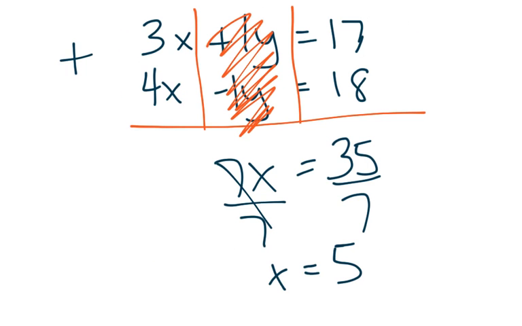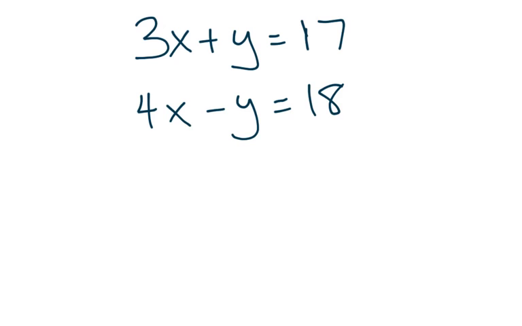So we're going to use x equals 5 and plug it back into one of the original equations. It does not matter which one I pick. I always pick whichever one I think is going to be easier for me. I'm going to guess the top one, so I'm going to plug it into this one. I could have chosen the second one, it won't matter.